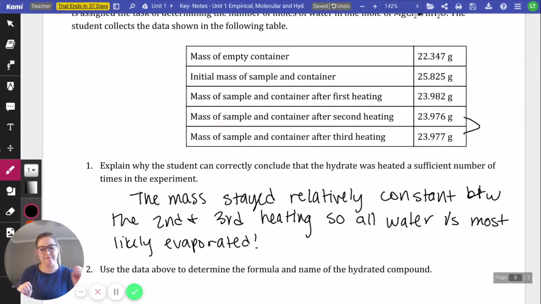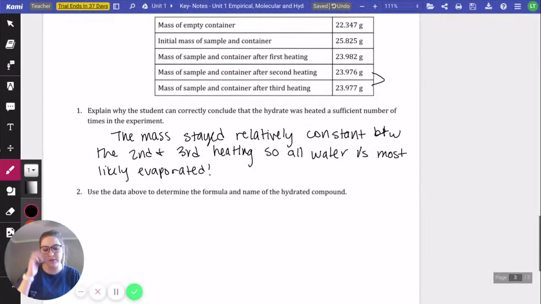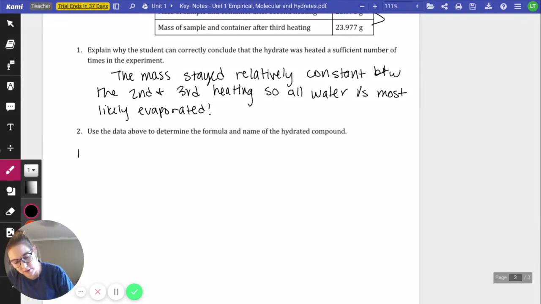Boom. All right. So next thing we're going to do is use the data above to determine the formula and name of the hydrated compound. So first thing, we need to know two things. We need to know the mass of water that was used and the mass of the anhydrous salt. All right, so first let's figure out our mass of water.